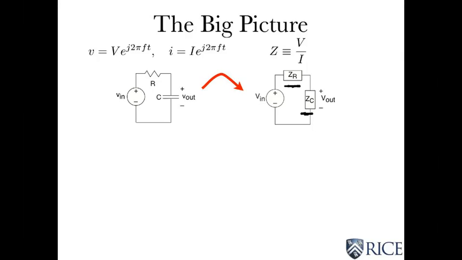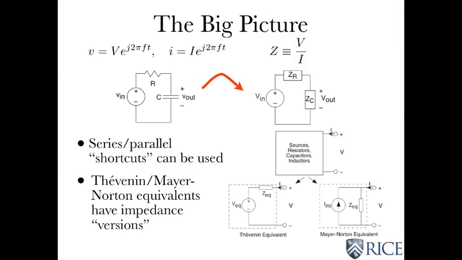Because of assuming complex exponential inputs, we can now use all the shortcuts that we developed for resistor circuits, and this makes the calculations quite easy. And I think it'd be pretty obvious that the Mayer-Norton and Thevenin equivalents follow just as well.